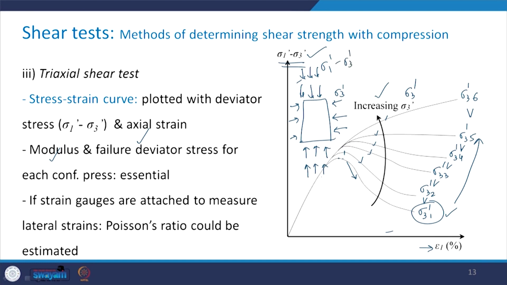Because we are increasing this, obviously there is going to be deformation in the axial direction, and depending upon the level of the confinement, you will have the lateral deformation as well.